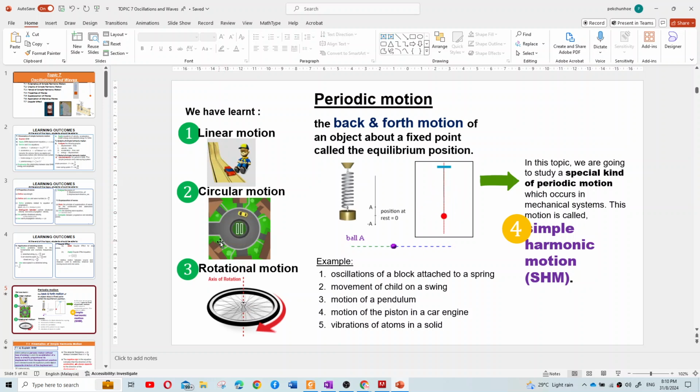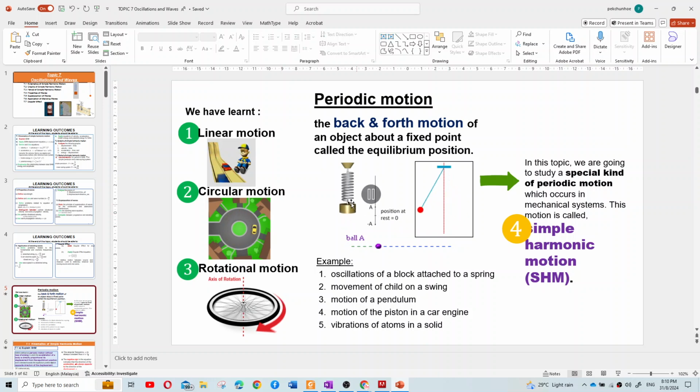We find the displacement, velocity, and acceleration for all these kinds of motion. In circular motion, we also find the distance in the circle, the angular displacement, velocity, and acceleration. In rotational motion, we also find the angular displacement and acceleration.